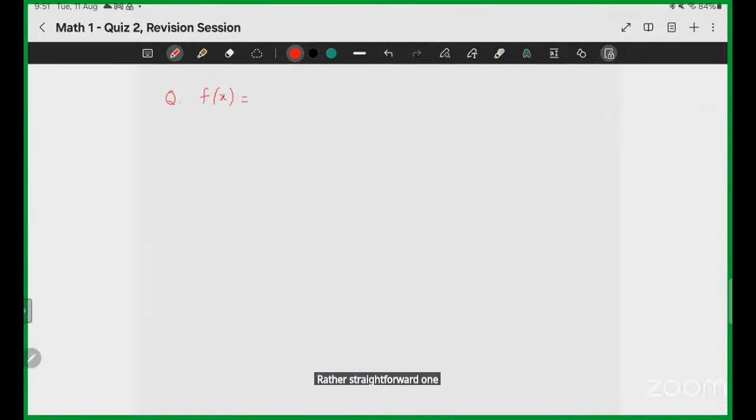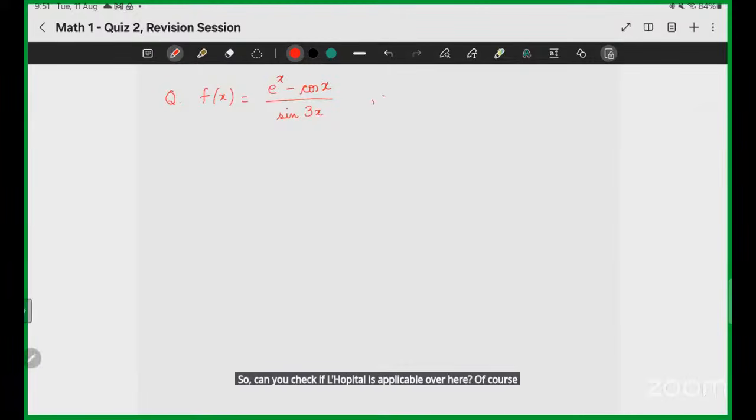f of x is, let's say, this by this. So can you check if L'Hopital is applicable over here?